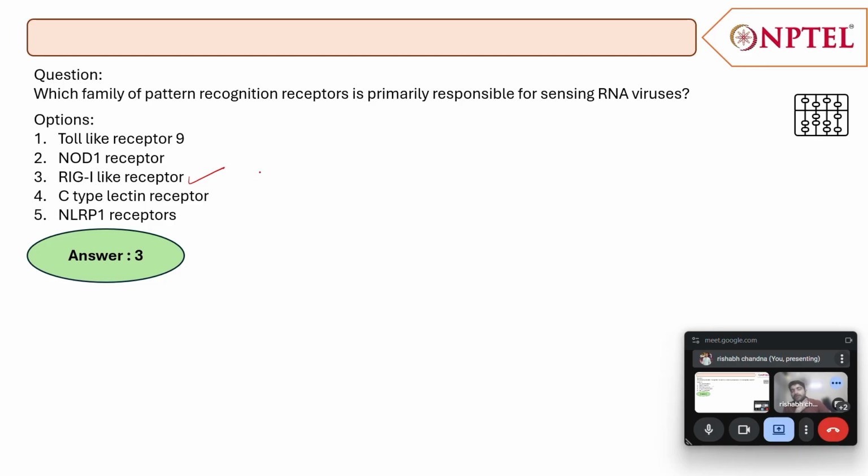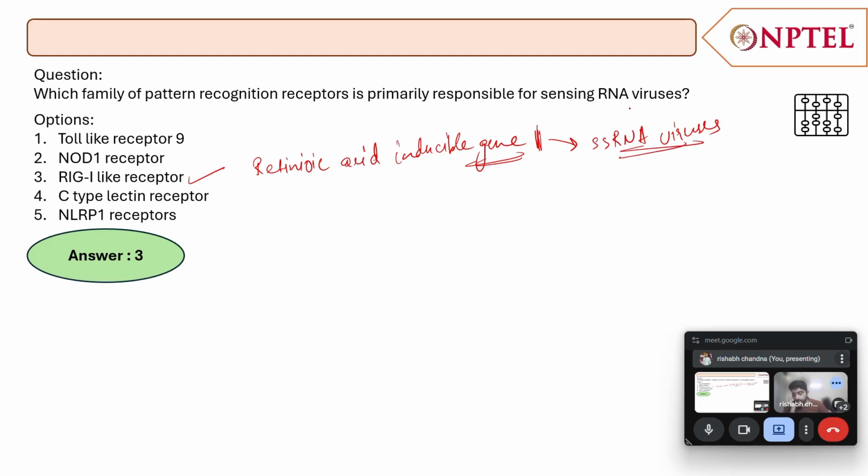RIG basically stands for retinoic acid inducible gene 1. These sense the single-stranded RNA of the viruses. So these are the RIG-like receptors, or RLRs. Okay, let's move on to the next question.